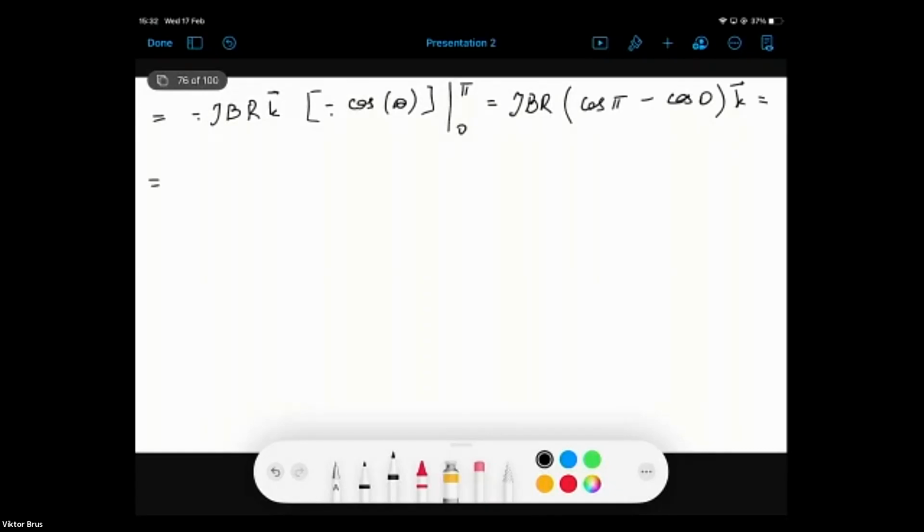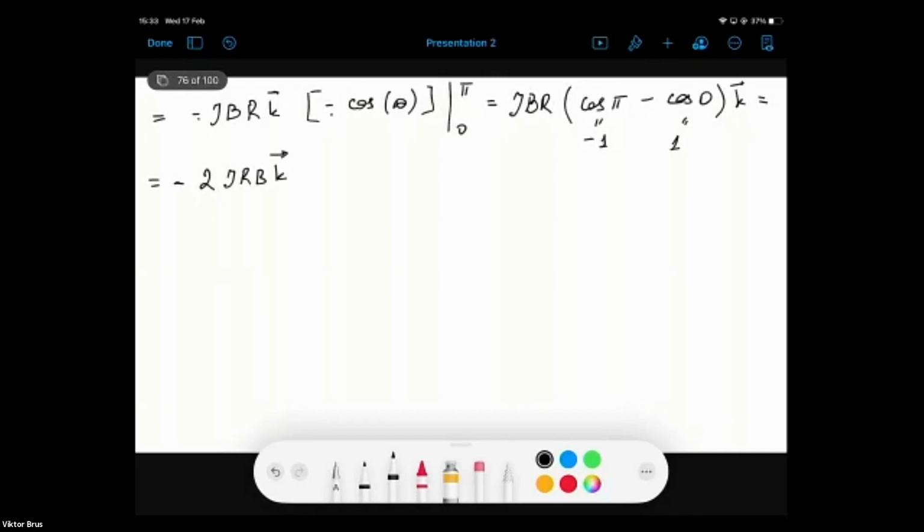And this is equal, so here we have minus unity, here we have unity. So in total we get minus 2 I times R times B times k vector.